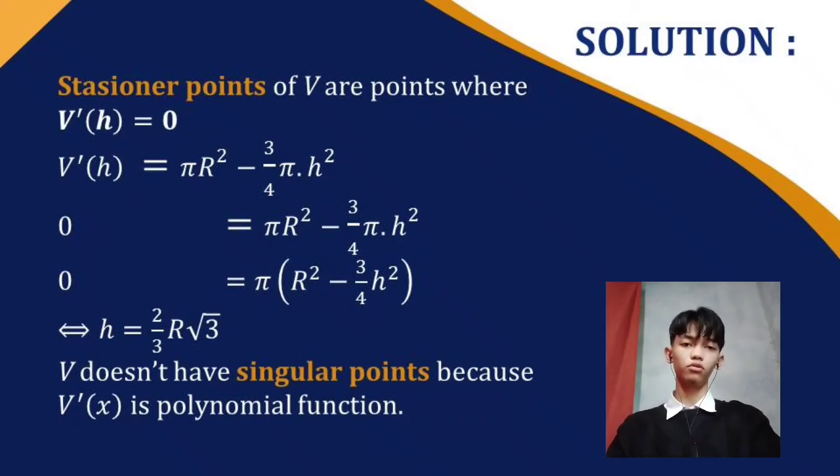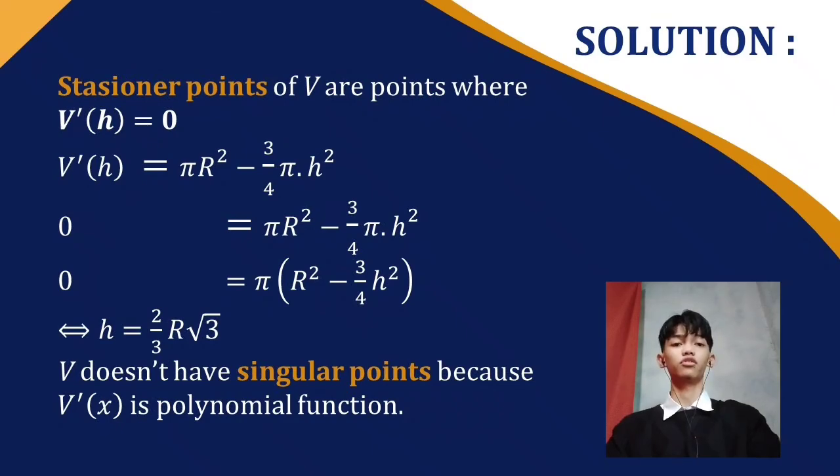So 0 equals pi times R capitalized squared minus 3/4 times pi times H squared. And then we factorize that equation and we get H equals 2/3 times R capitalized times square root of 3 as the stationary point of V. And V doesn't have a singular point because V prime of H is a polynomial function.